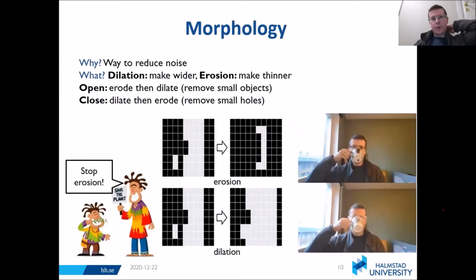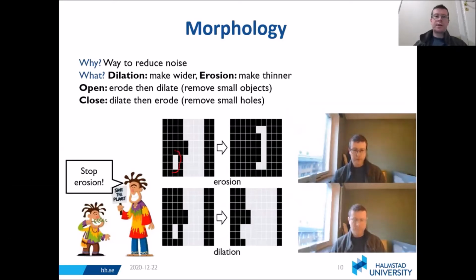Morphology is another way to reduce noise. So if we look at the center picture here, if we think that this thing is noise and we want to get rid of it, we can erode, which makes this thinner, and then dilate to make it the same size again, but this will be gone. Otherwise, if we think that there's a little hole here that we want to fill, we can do the reverse.